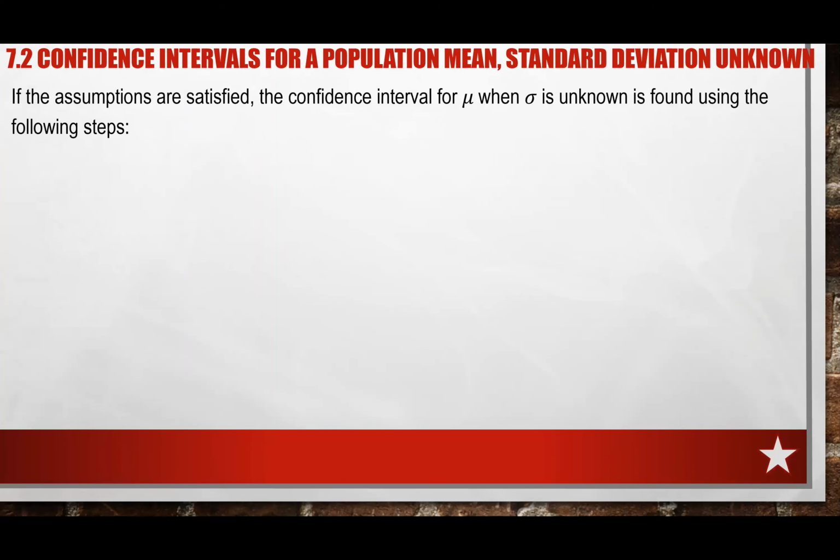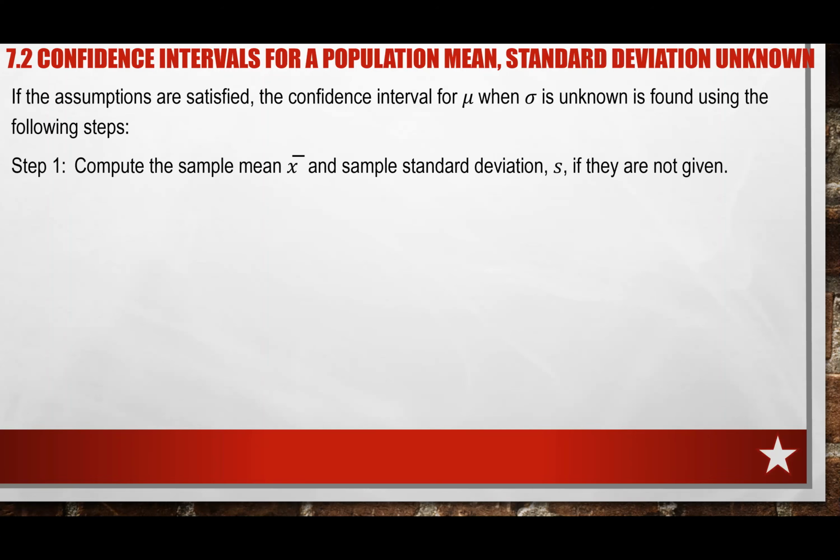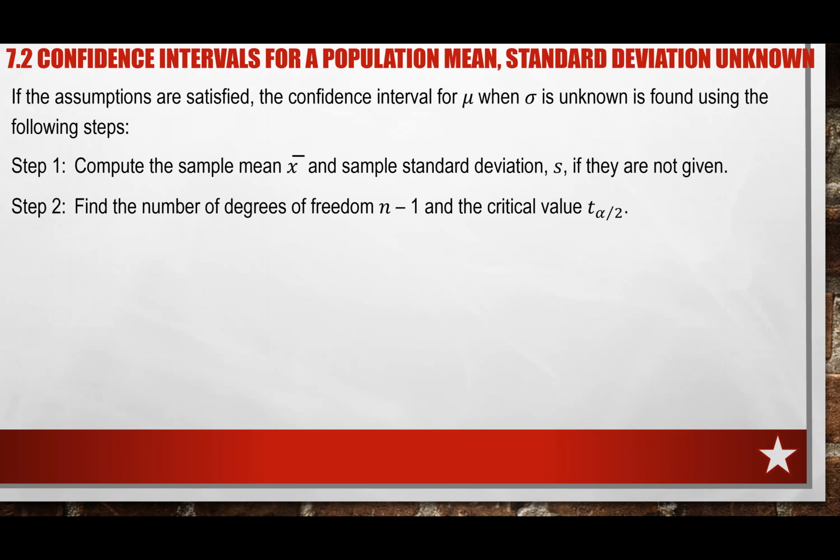So let's take a look at this. As you will see later on in chapter 7.3, these are the same 5 steps that you have to conduct to find the confidence interval, similar to yesterday. The first thing we need is a point estimator for the population mean, which is the x-bar.